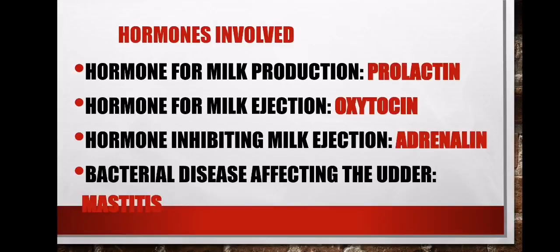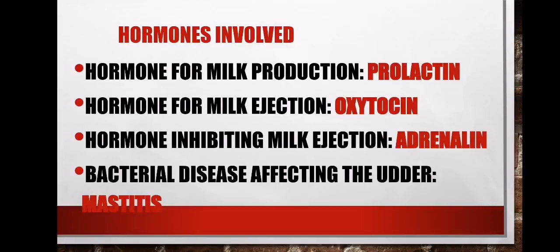When you massage the udder of the cow, when you wash the udder, when you play that music, when you whistle, when the calf appears, the animal will release milk. Why does it release milk? It's because oxytocin from the pituitary gland has been secreted. So the hormone that is responsible for milk ejection is oxytocin.